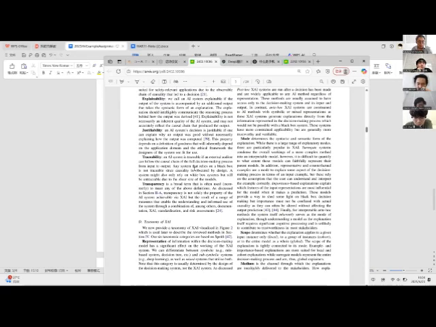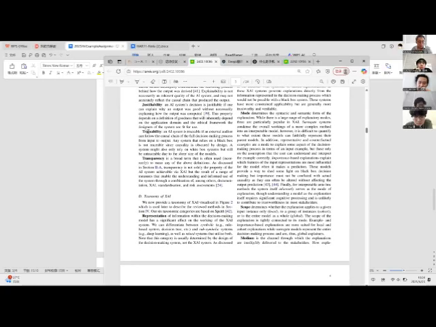And then is the traceability. It is that we can see the decision chain of the decision-making process from the input to the output. It is more like traditional machine learning, for example, decision trees.